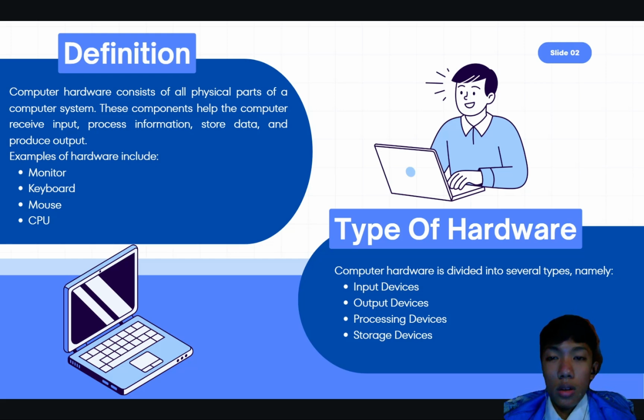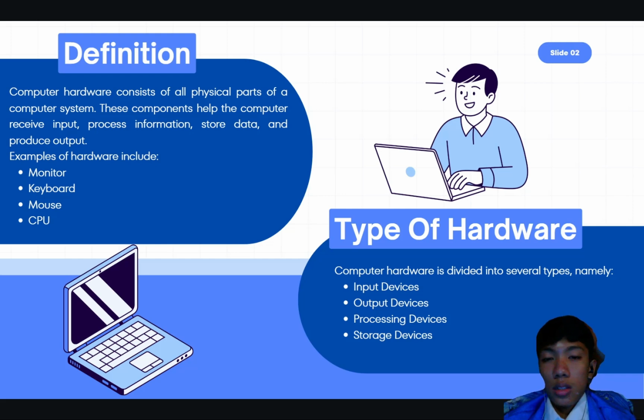Types of hardware. Computer hardware can be divided into several categories according to its function. There are four main categories: input device, output device, processing device, and storage device. Each category has a specific purpose. Input devices help us enter data into the computer.